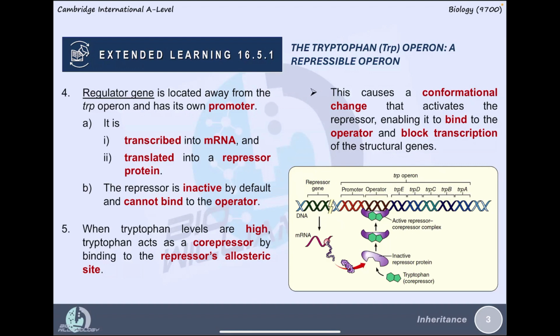When the concentration of tryptophan is high, tryptophan becomes the co-repressor, binds to the allosteric site of this repressor protein and activates it. And when this active repressor protein binds to the operator, RNA polymerase can no longer bind to the promoter, therefore stopping the synthesis of the enzymes needed for tryptophan synthesis.